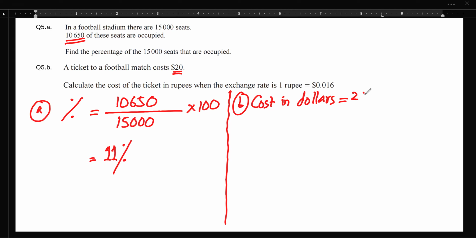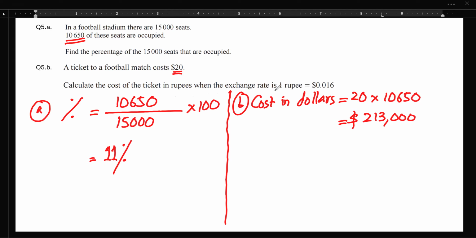So 20 multiplied by 10650. This will tell you how much amount was earned by the stadium owners or the management. It's going to be $213,000 earned in dollars.